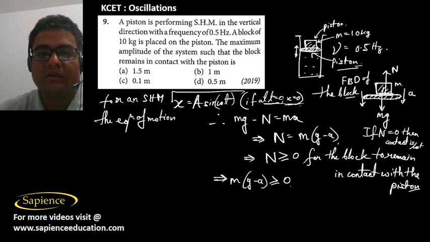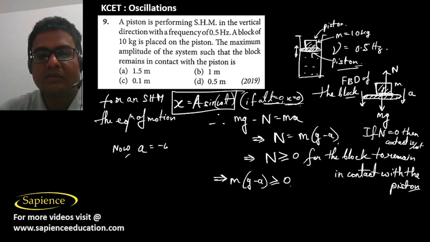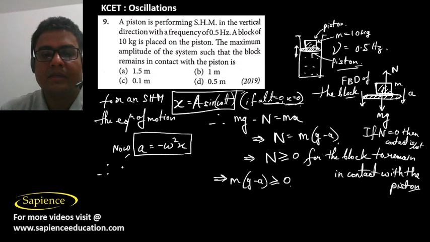Now the acceleration is equal to minus omega square x. Therefore the maximum acceleration should be equal to omega square into the amplitude.